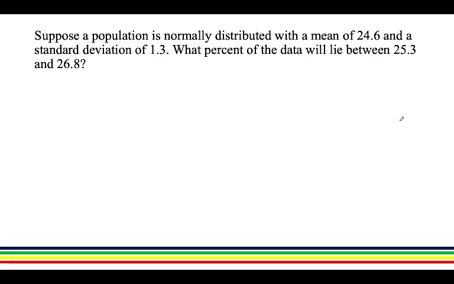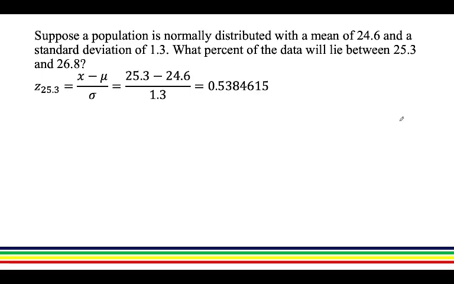What percent of the data will lie between 25.3 and 26.8? As you can see, all of the givens are not in terms of z values. So the first step we should do is to convert these values first into z numbers.